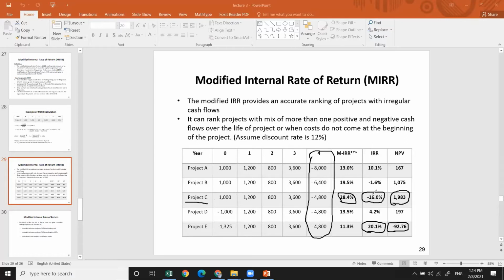However, it goes against the IRR decision for project C. So this is how it can be illustrated, and you can see that MIRR really is solving the problem related to irregular cash flows. Not all of the problems are solved through the MIRR. There are some, like scaling and those things. Let me just remind you in case you forgot.